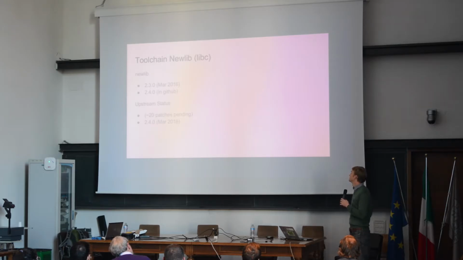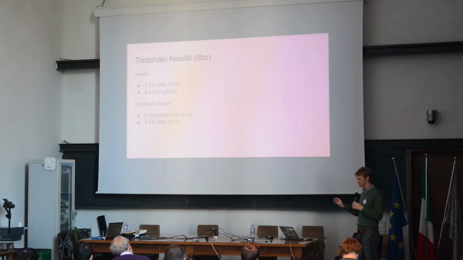Next was the libc. Newlib is the one that we have our own fork for, and there's also musl and the micro C lib, but for those the upstream is fine, and I'm not going to talk about them. For newlib, we did a release in March of this year for 2.3.